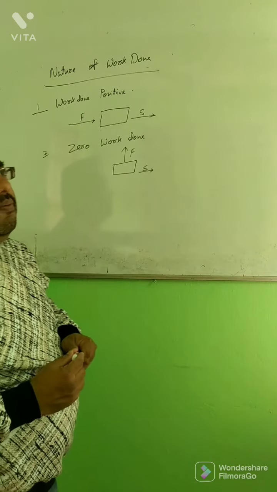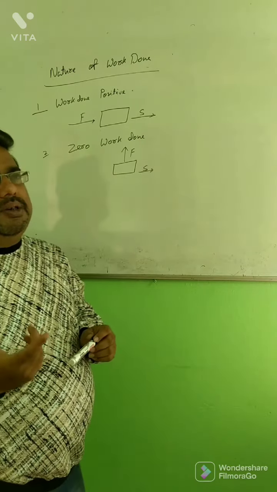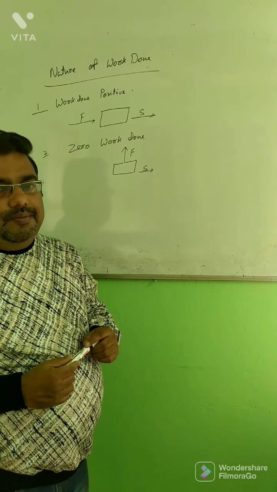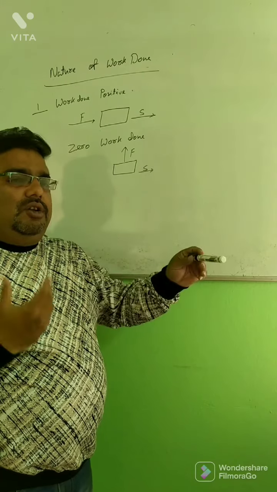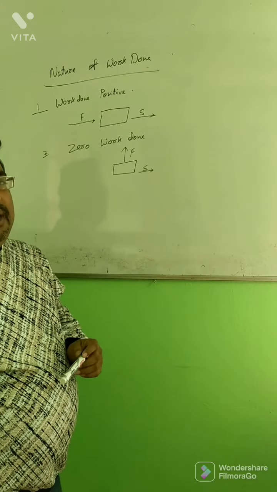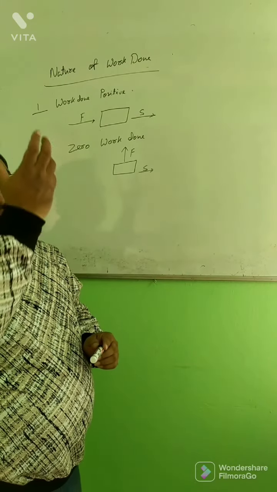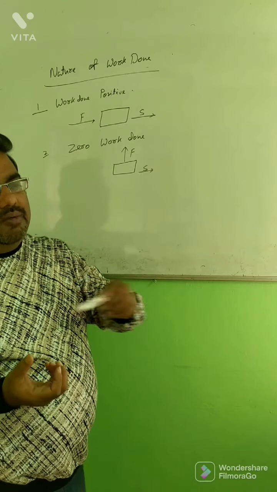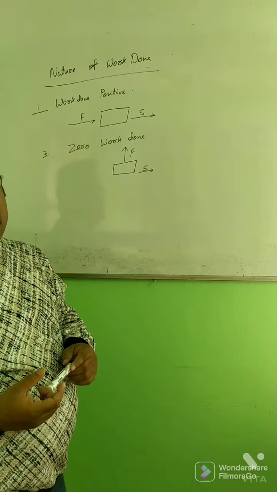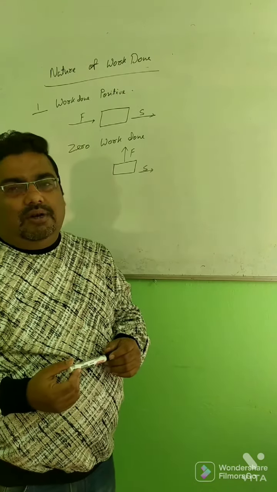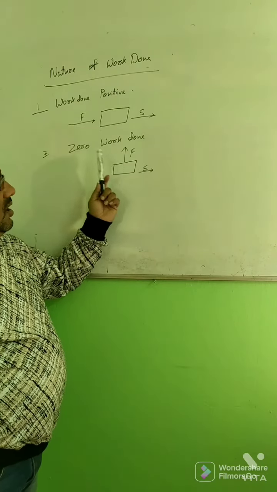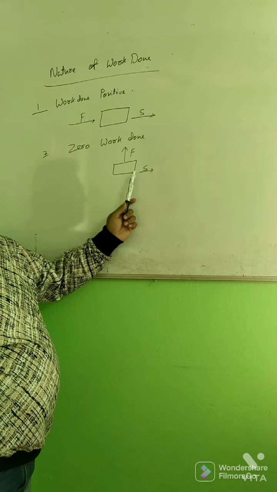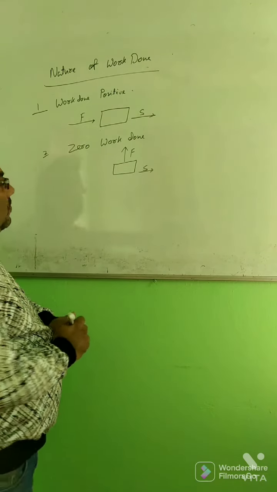For example, when a person keeps some load on his head and moves horizontally, the gravitational force is acting in this direction, but the body is moving in that direction. So we can say that work is zero due to the gravitational force. So when the angle between the direction of force and direction of motion is 90 degree, work done is said to be zero.